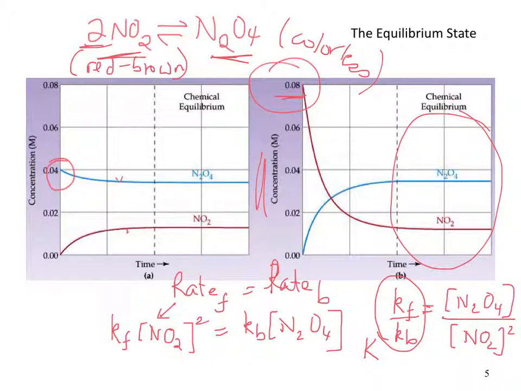I'll discuss that in a little bit more detail, but I want you to realize a couple things here. First things first, it seems like as the concentrations of the reactant and the product don't change, the reaction has stopped, but that's not quite true. It has just gotten in this loop of chemical equilibrium where the rate of forward reaction is equal to rate of backward reaction, and so it almost seems like the concentration becomes constant.